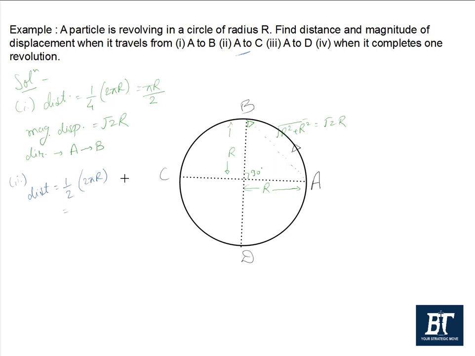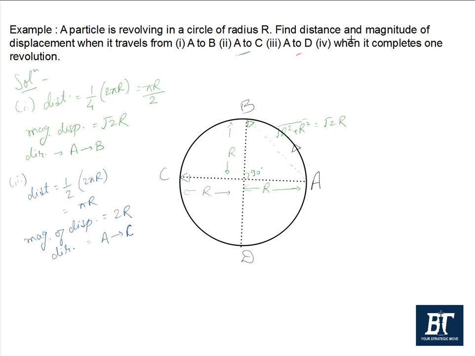So distance traveled by the particle will be equal to pi r, and magnitude of displacement will be the length of the line joining point A to C. So this length is r, this is also r, so total length of this line is 2r, and direction of displacement is from point A to C.